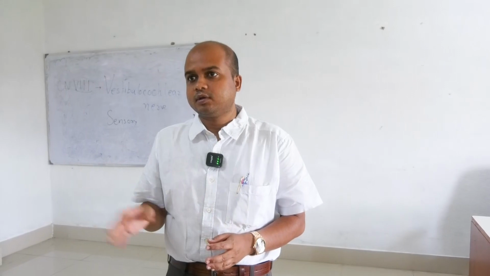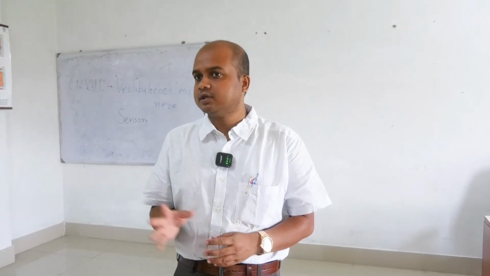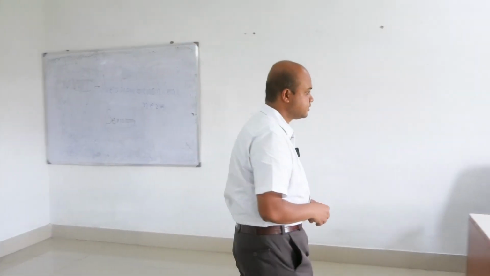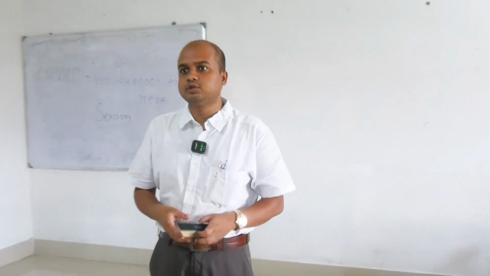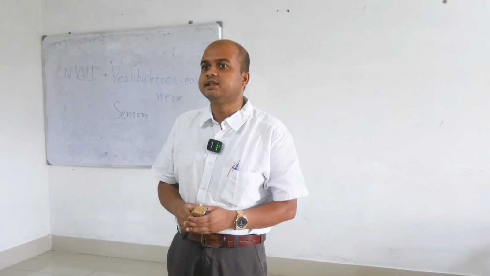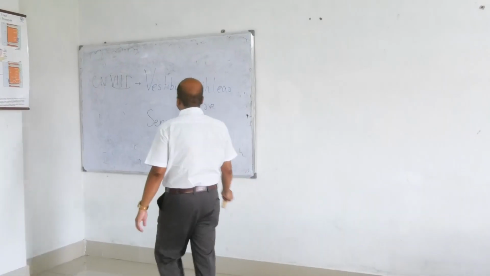Theory classes are still not done, so some related terms and concepts about hearing, very basic things. Discussions on the structure and anatomy will be there in the anatomy and physiology theory classes, but some basic things before learning about the tests.